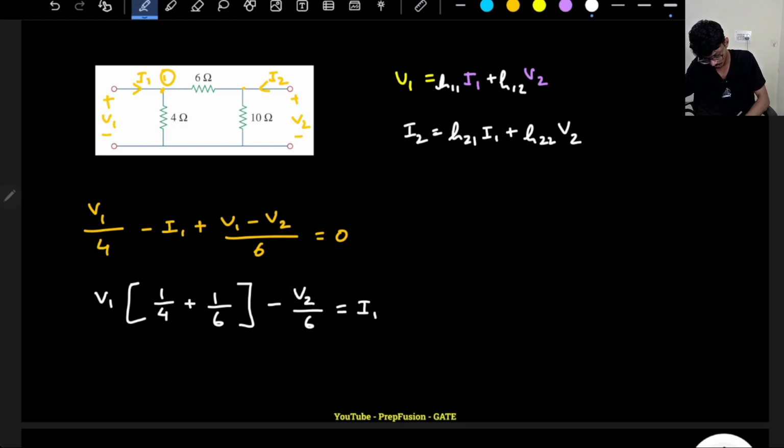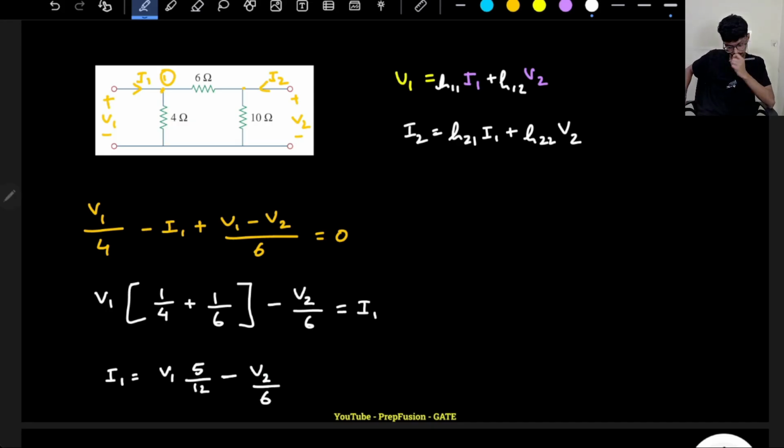So I1 will be equal to V1 into 10 divided by 24, so it is 5 divided by 12, minus V2 divided by 6. Okay, so these are the values basically.